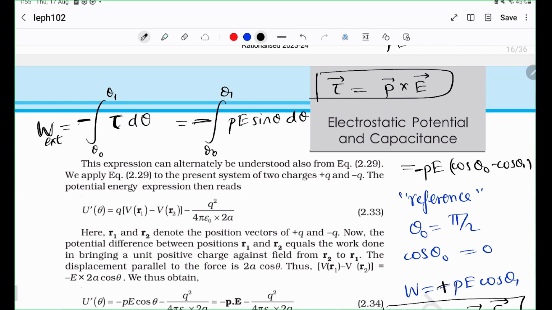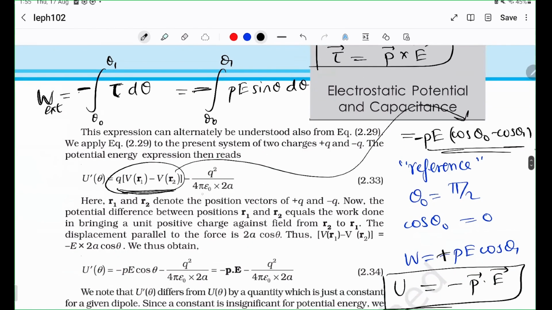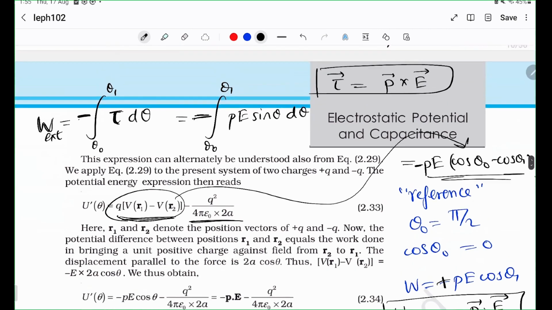If you're wondering why these two terms might make sense, it is because this term is the same as what you have just derived, right? But then why do you think this extra term is there? That is simply because in this case you're also taking into account the assembly of the dipole itself. The energy required to assemble the dipole is being taken into consideration here.